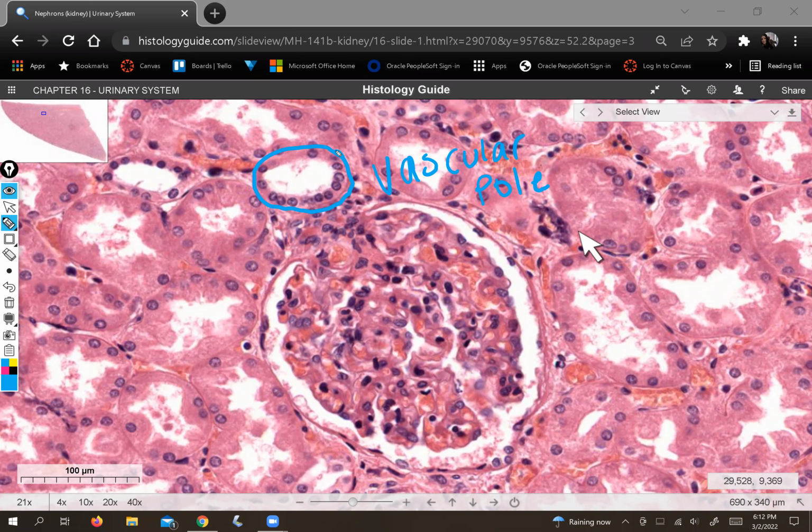So it's at that little transition point, but it's always going to be nestled between the afferent and efferent arterioles and be next to the cells of the juxtaglomerular apparatus for a variety of reasons.